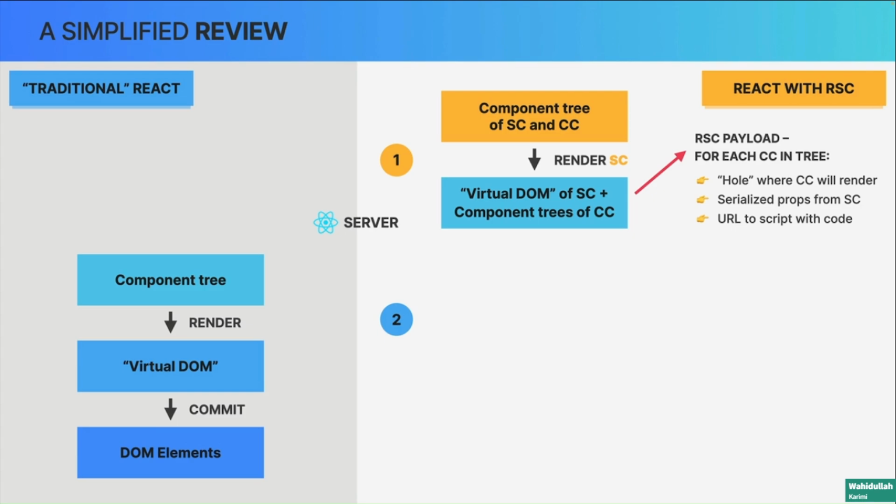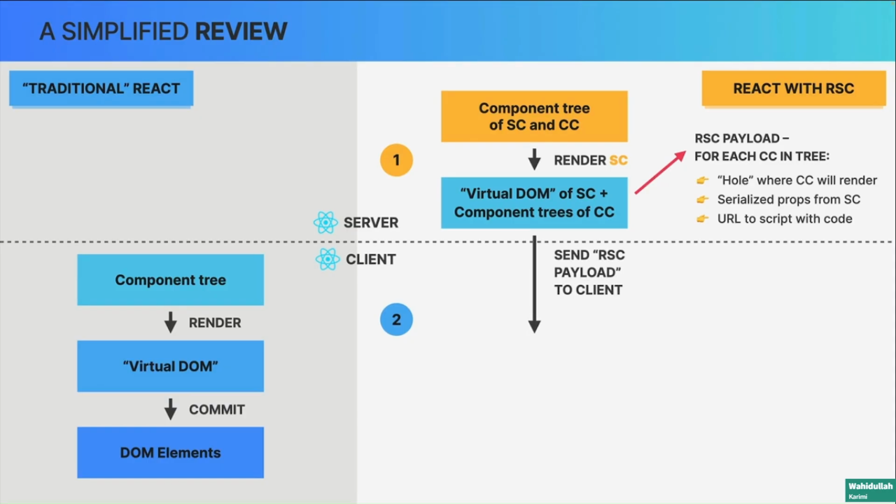And speaking of the client, that's where the RSC payload will travel next. So both the executed server components and unexecuted client components are now on the client, which brings us to step 2 of the rendering process. And from now on, the process is basically identical to traditional React.